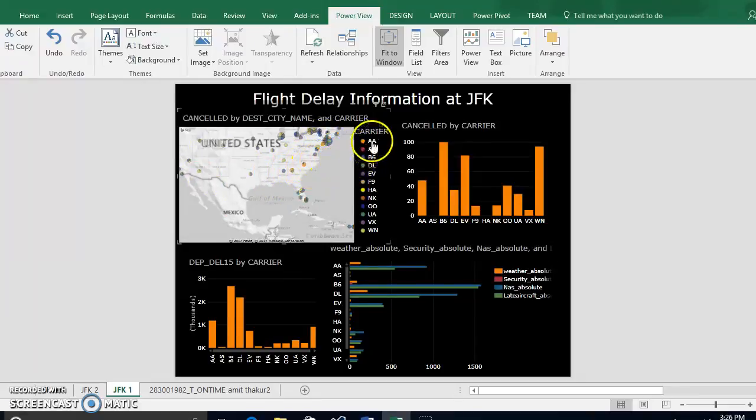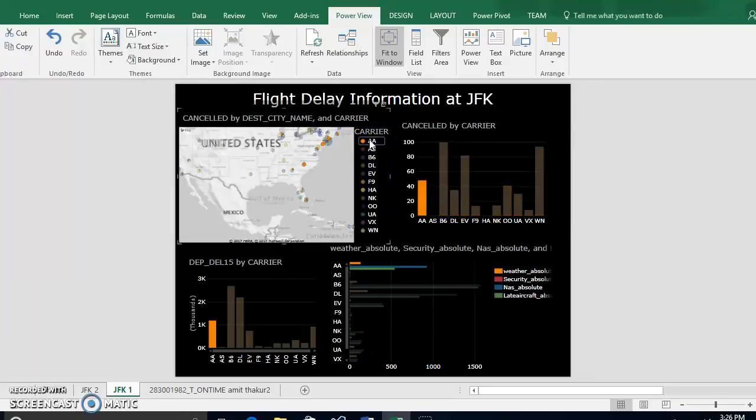On the right hand side of the map, there are the airlines by their IATA code. For example, AA is American Airlines, B6 is JetBlue, DL is Delta. You can click on individual airlines and see which cities they had cancelled flights to during the month of December.